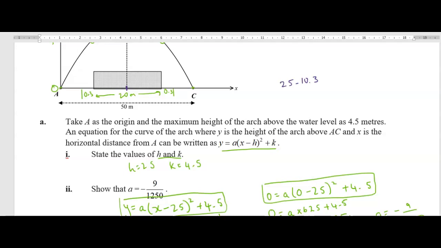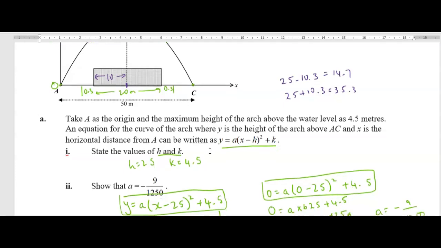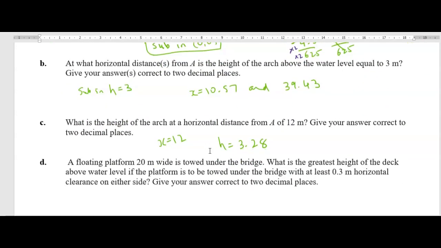Okay, so half of this is 10, and we're going to add the 0.3, the 30 centimetres. And the other side is going to be 25 plus 10.3. So we're going to be at 35.3 and also 14.7. Okay, so we can substitute in, I just want to make sure I've done that correctly, 14.7, 35.3.